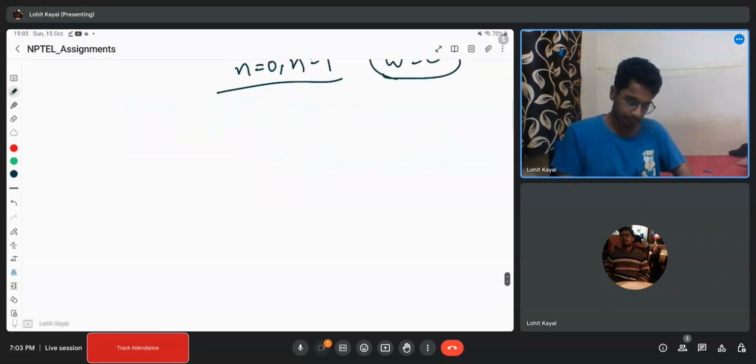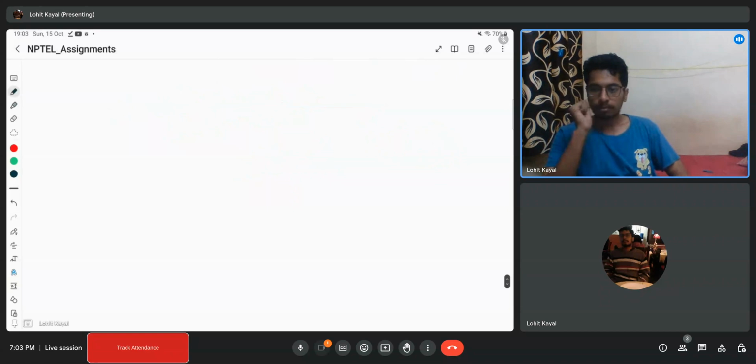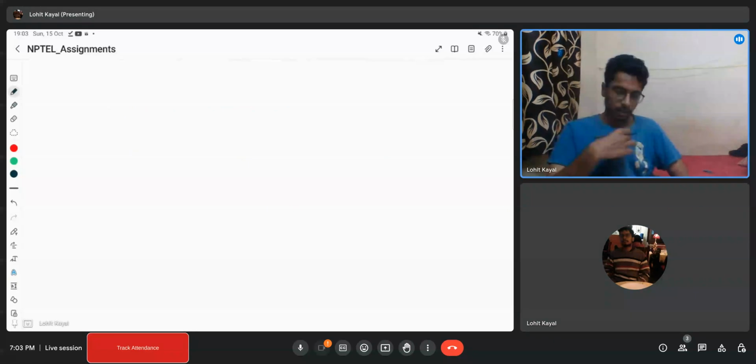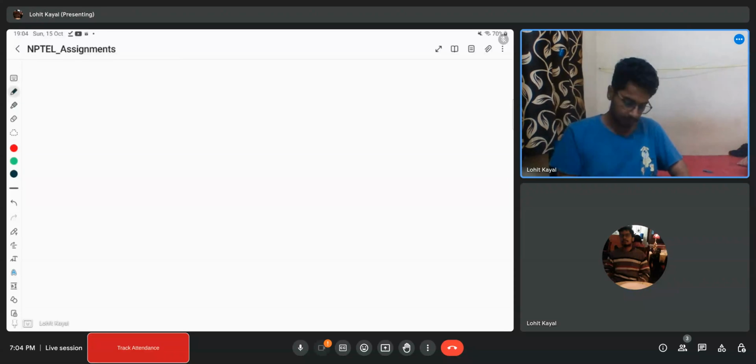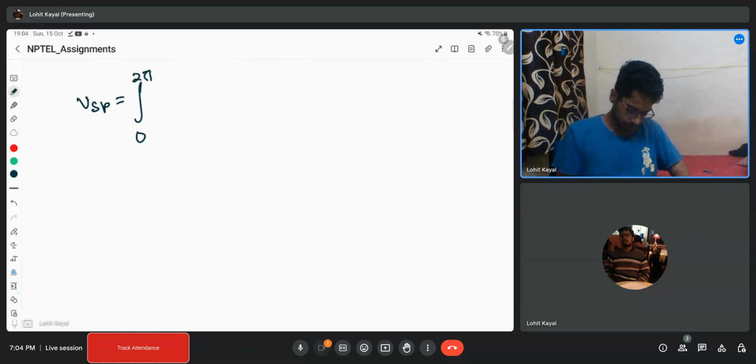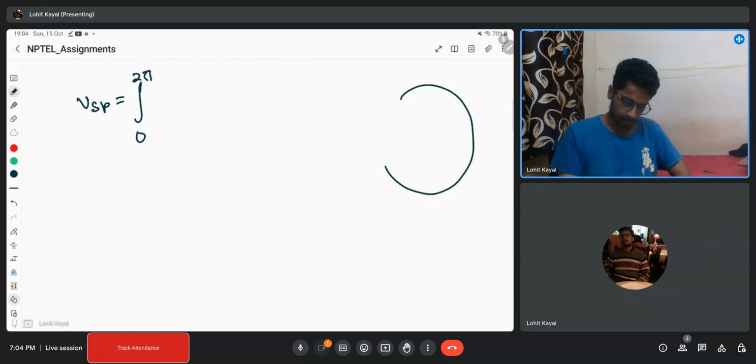So, what is the volume of the bubble? We need to determine that. Now, what is the volume of a sphere? How to determine the volume of a sphere? Suppose V_sp is the volume of the sphere. Let me draw the sphere first.